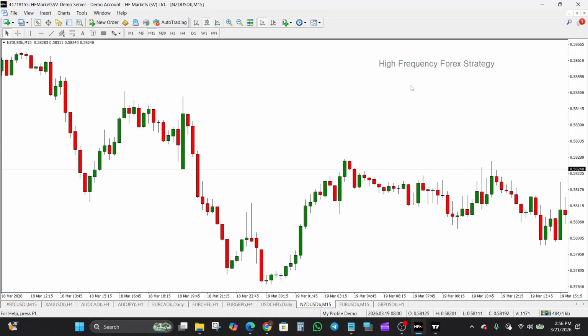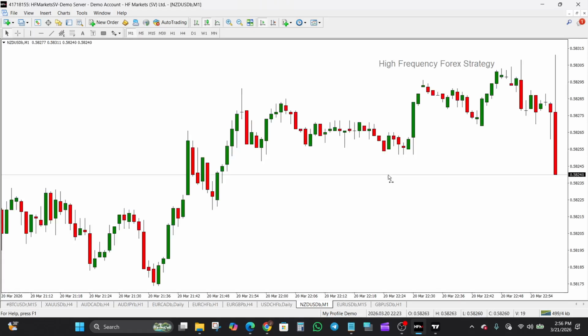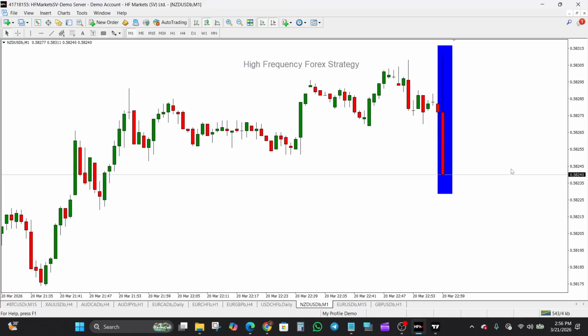Because of HFT, markets can move very quickly, and liquidity can appear and disappear in seconds. This is one reason why you might see sudden spikes or fast movements without major news.